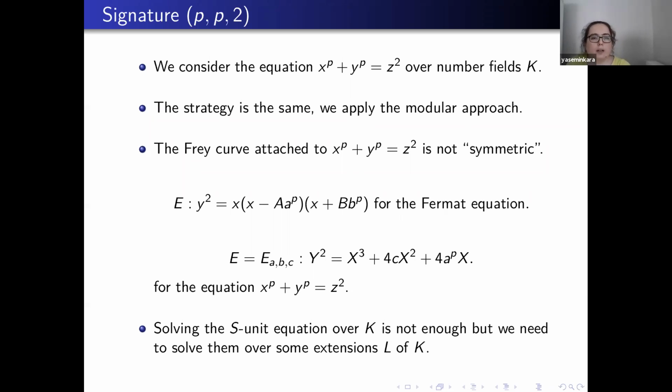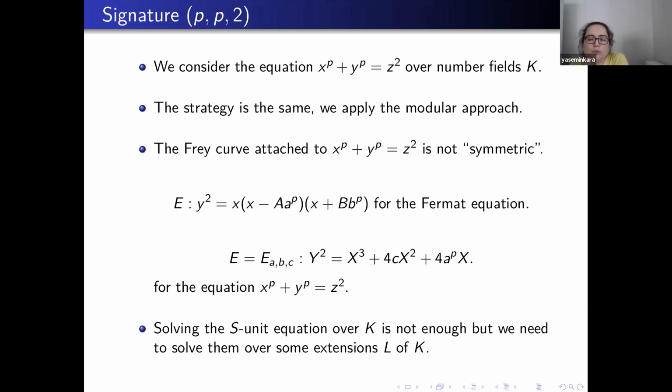So again with Ekin Özman and Erman Işık, we also considered the Fermat equation with signature (p,p,2). That means we look at the equation x^p + y^p = z^2. Darmon, Merel, Bennett, Yazdani, and Bennett-Skinner have some results on this type of equation with signatures (p,p,2) and (p,p,3) over the rationals.